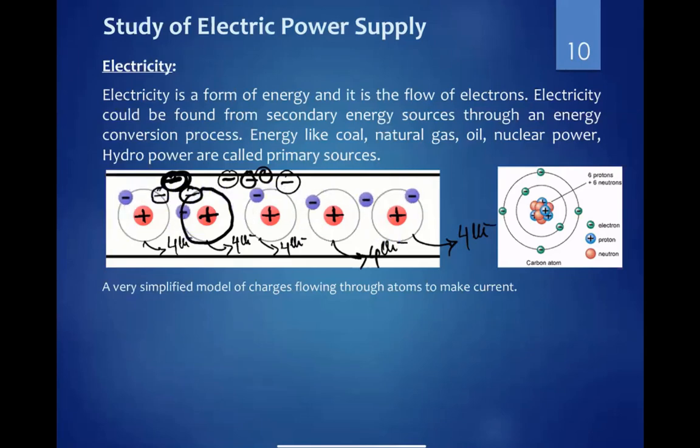Even tiny external forces, such as voltage or any disturbance, could knock out the electron, and it may eject and start flowing in free space. That's what we refer to as electricity. So if I were to explain what electricity is on a very atomic scale, the deepest I could go, that's how electricity works.